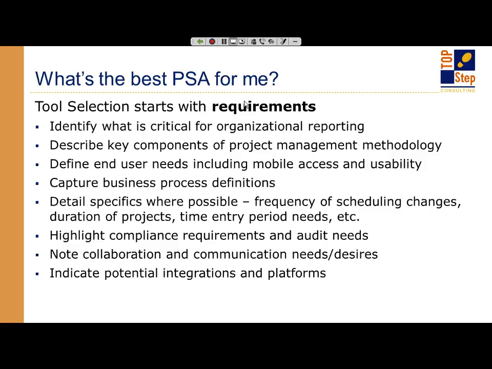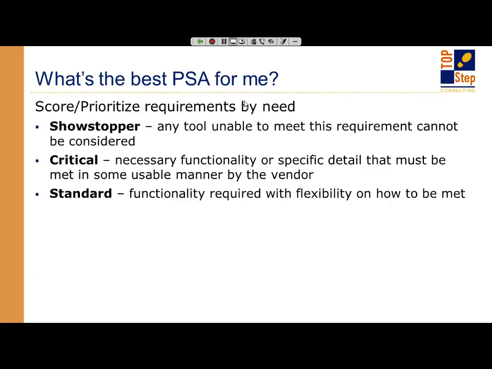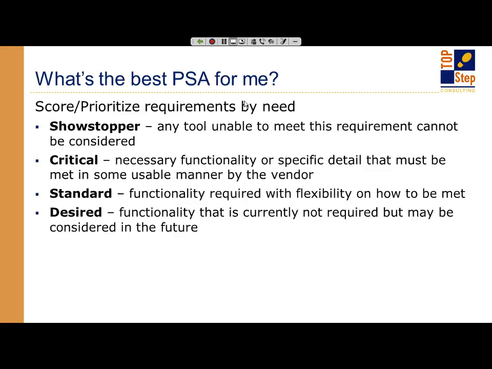But once you have the requirements documented, which there's definitely a lot of effort here, I also recommend that not every requirement is equal. So you want to go through and identify at least showstoppers and critical requirements. When I say showstopper, it's things like, there used to be a tool called Quick Arrow.